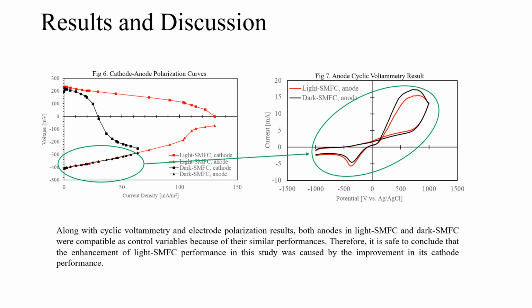The shape and the peak of both anodes are similar. Therefore, it is safe to conclude that the enhancement of light SMFC performance in this study was caused by the improvement in its cathode performance.